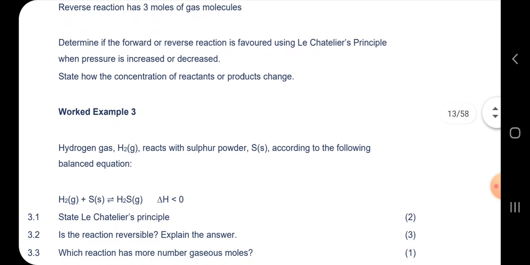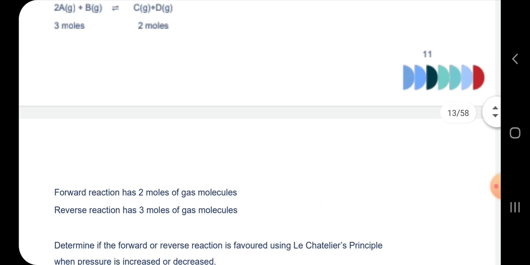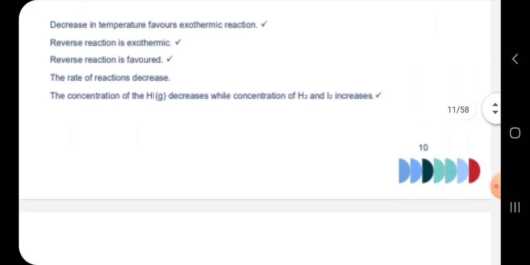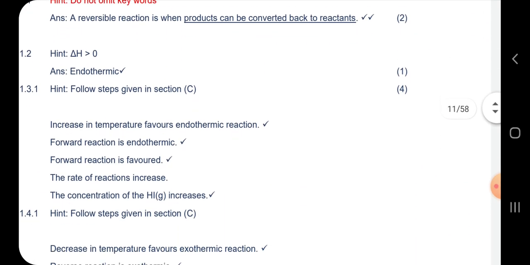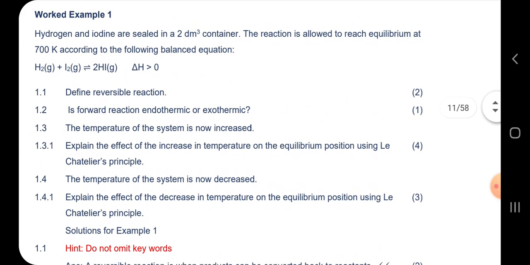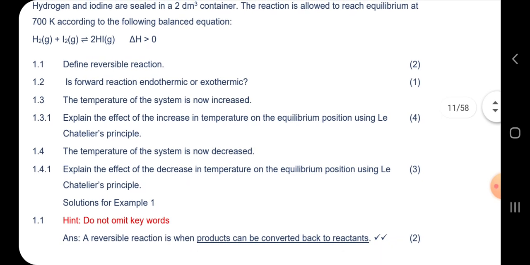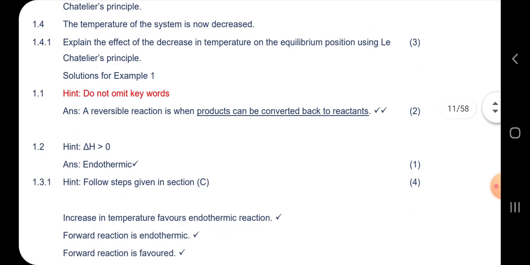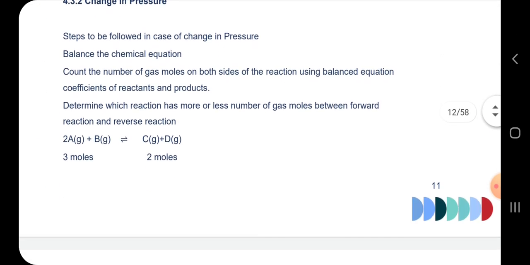Let's check. Yeah, still an open system. Yes, that's how you are going to answer. Look at whether it's closed. Yes, number 1 here, we are given a closed system. So that is how your answers will be affected, because here it says 1.2, is the forward reaction endothermic or exothermic? You see, and you are given H is greater than 0, and here the answer says it's endothermic. So those are the things that you have to check.